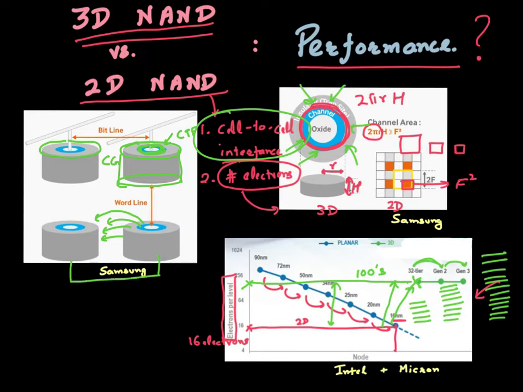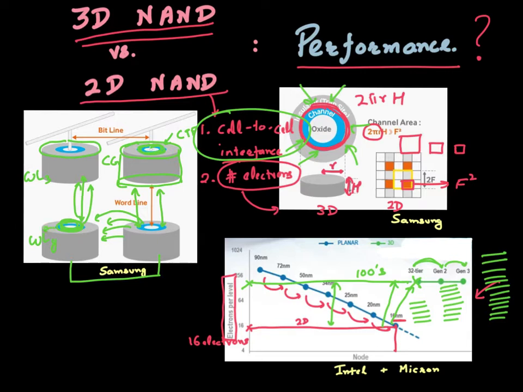There is a little bit of interference between cells which are on top of each other on alternate word lines, but that is also small because the charge trap flash memory itself is very thin, and the only way these two cells can interact is through field lines which escape from here and go to the other cell.